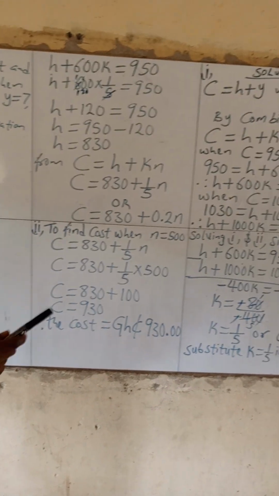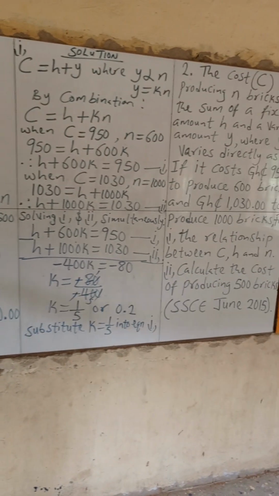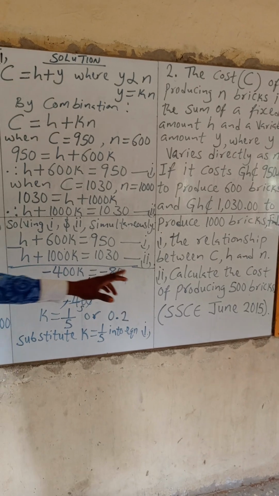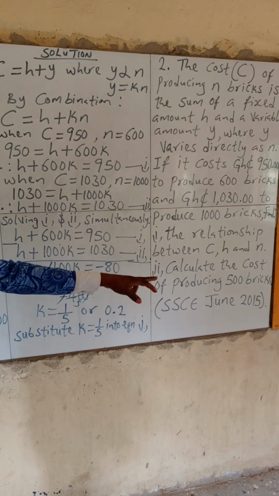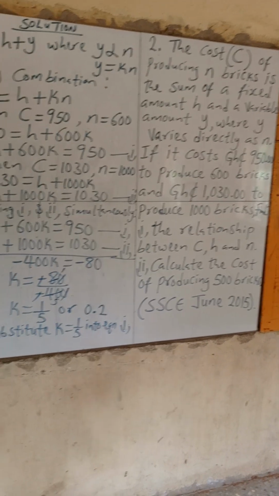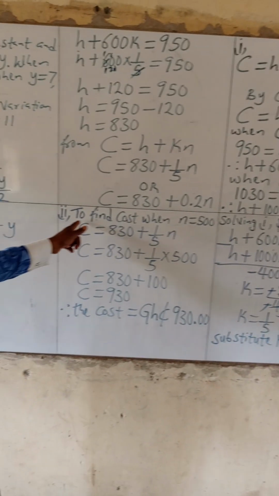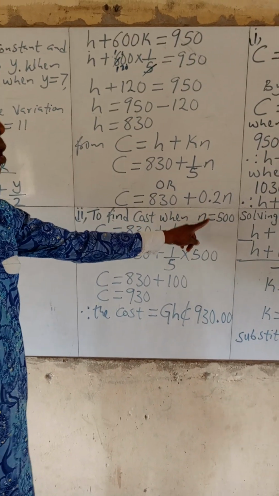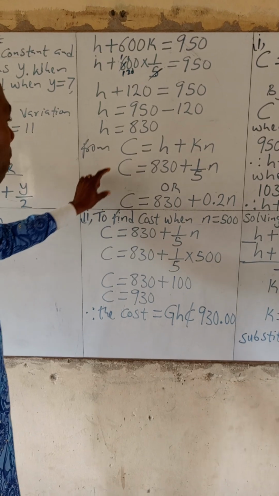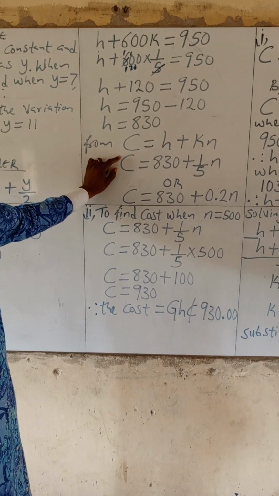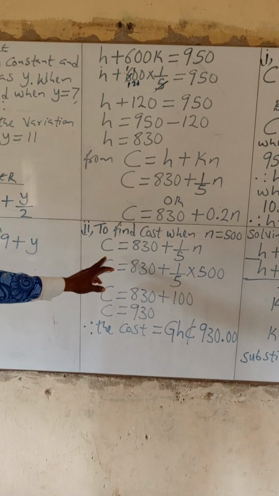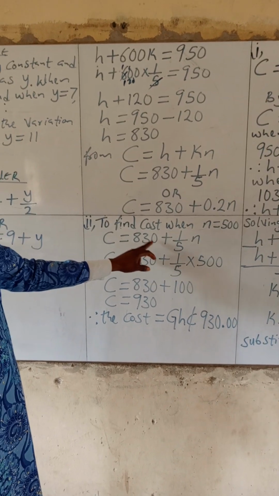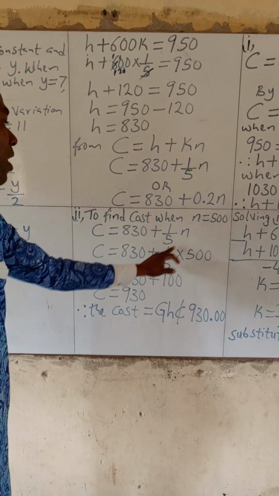So from the question, the second part of the question says, calculate the cost of producing 500 bricks. So the number of bricks is now 500. We are looking for cost. The number of bricks is 500. So we'll just come back here. I prefer this because I don't want to use a calculator. So I have C equals 830 plus 1 over 5n.